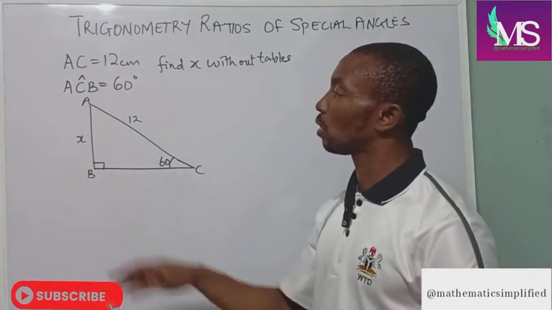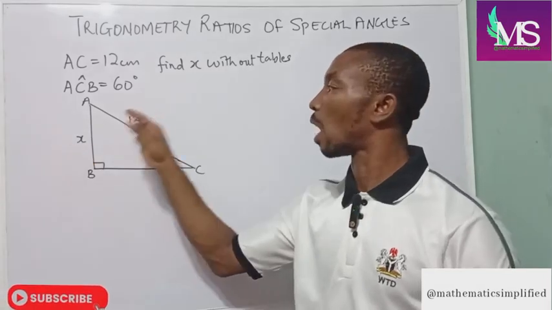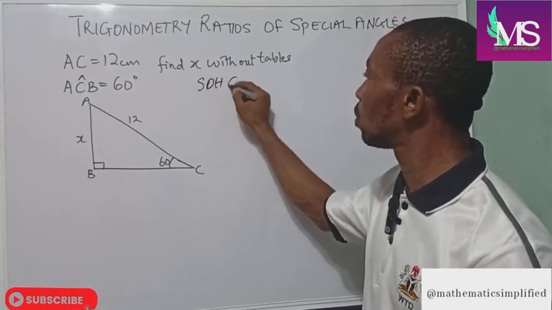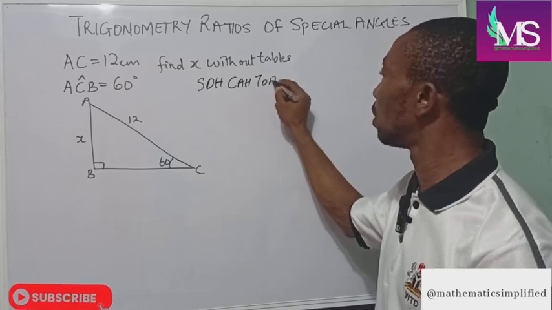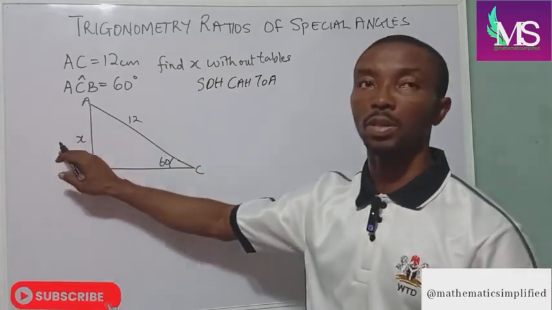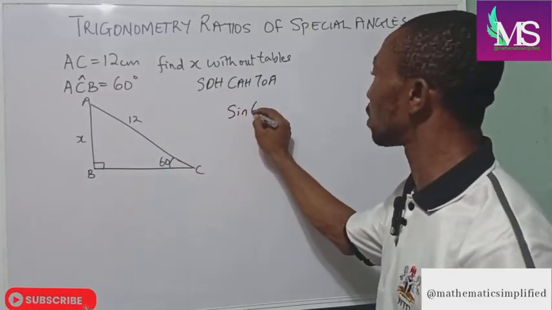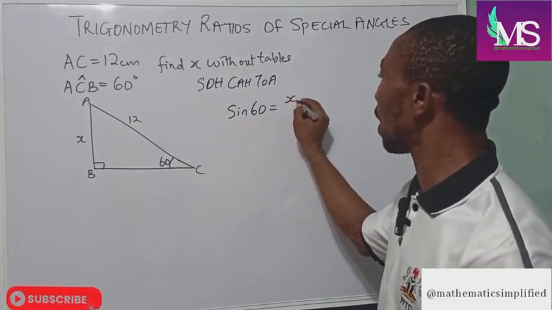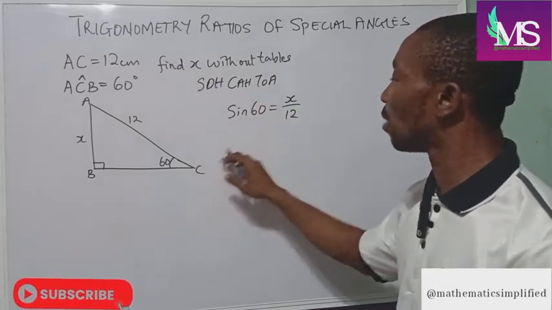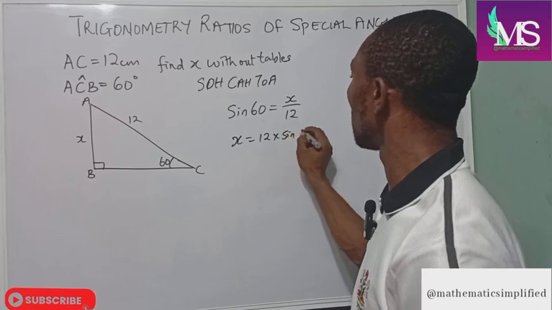From here, we know that we are looking for opposite. Since we are looking for opposite and we have the hypotenuse, we know that in SOHCAHTOA, we can say sine 60 equals x over 12, since we are talking of opposite over hypotenuse. So our x will become 12 times sine 60.